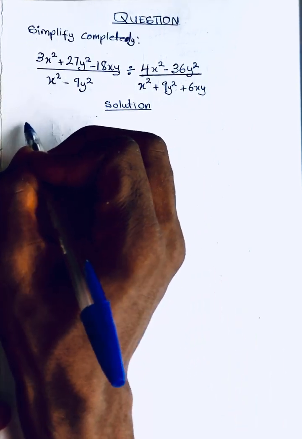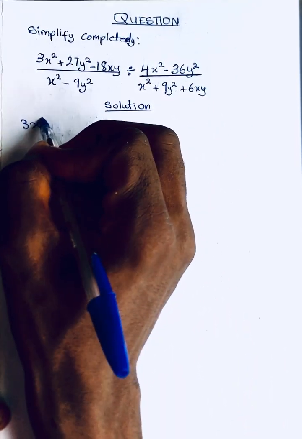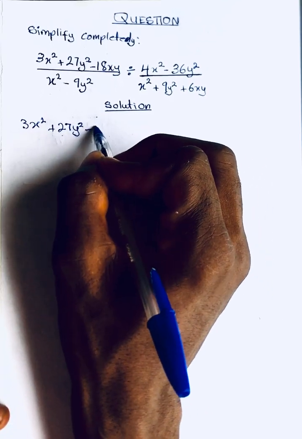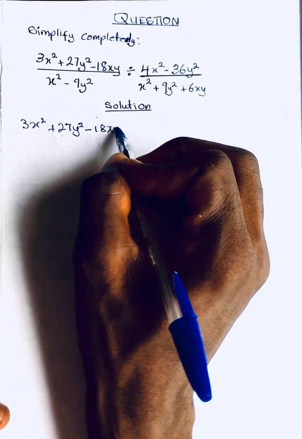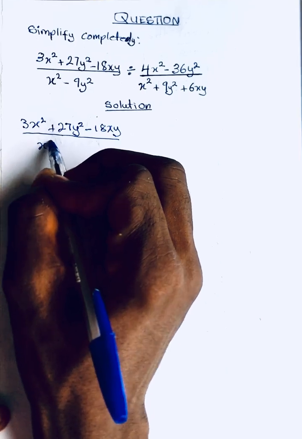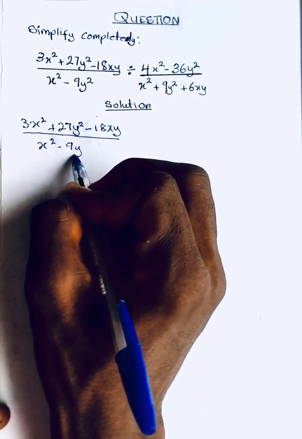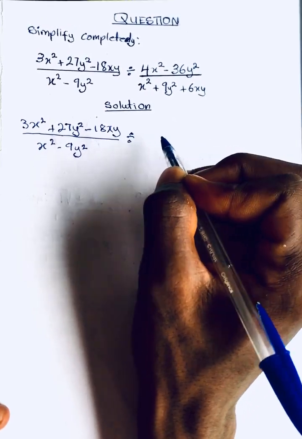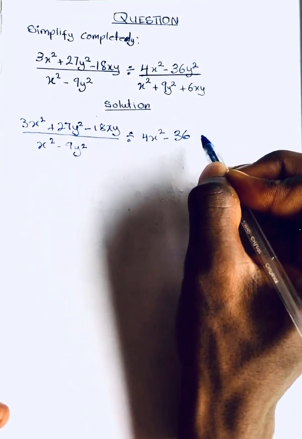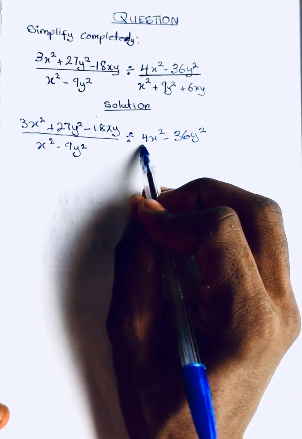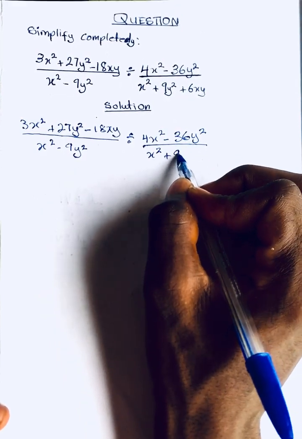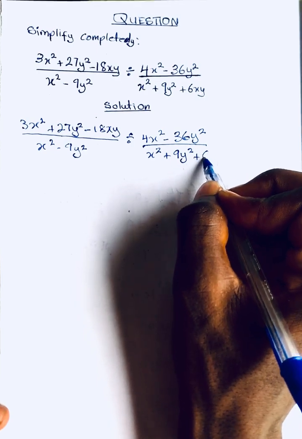It will be 3x squared plus 27y squared minus 18xy, all divided by x squared minus 9y squared, divided by 4x squared minus 36y squared, all over x squared plus 9y squared plus 6xy.